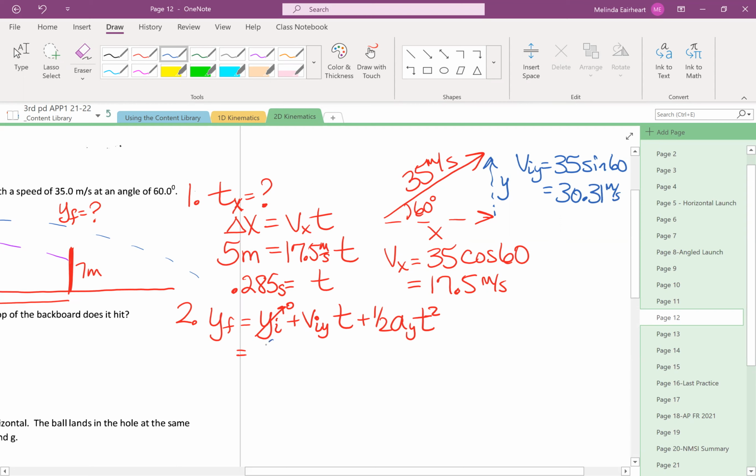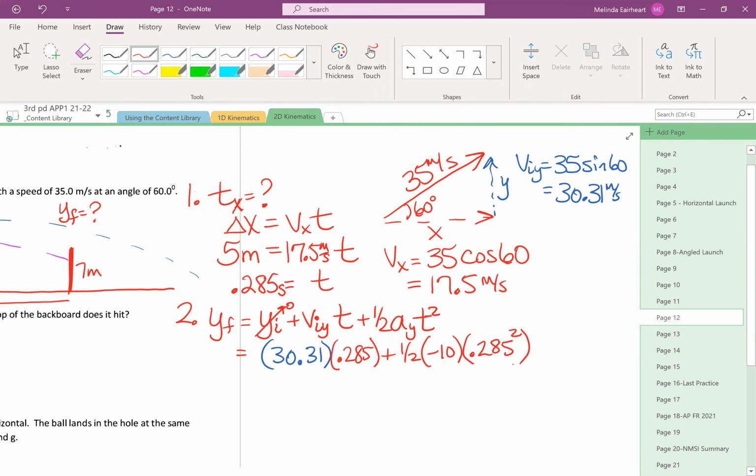And so we can plug that in for our initial velocity. And then using the time that we previously found, plus 1/2, I'm going to keep with negative 10, and then time again, don't forget to square that last one.